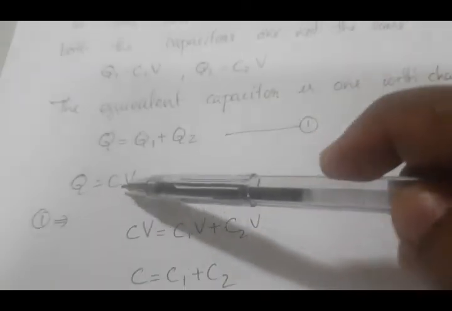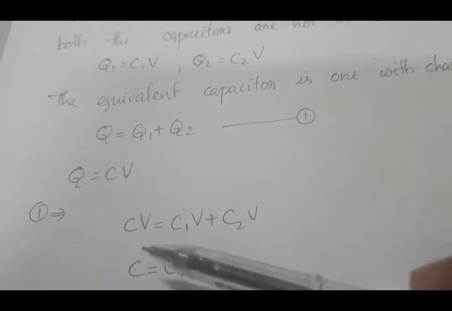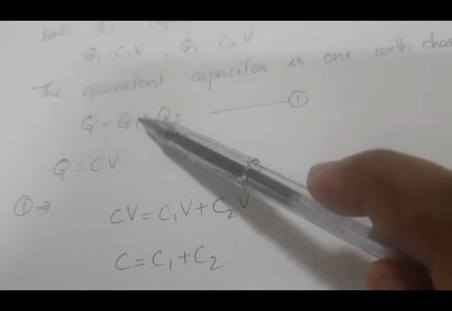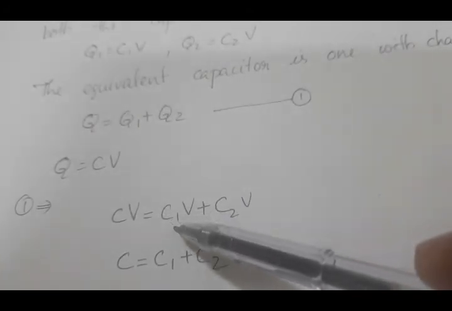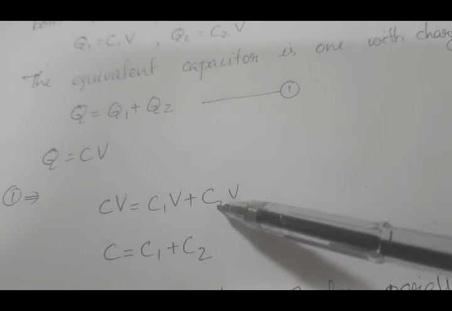But we know that Q is equal to C into V. So here the total charge Q is equal to C into the total potential difference, and Q1 can be written as the capacitance of the first capacitor into the potential drop V. Here, capacitance of the second capacitor into V. So here you can see that V is there in all the terms. We can cancel that. C is equal to C1 plus C2.